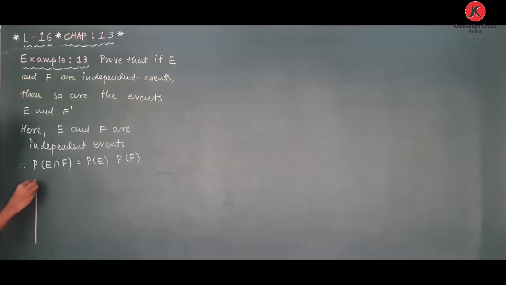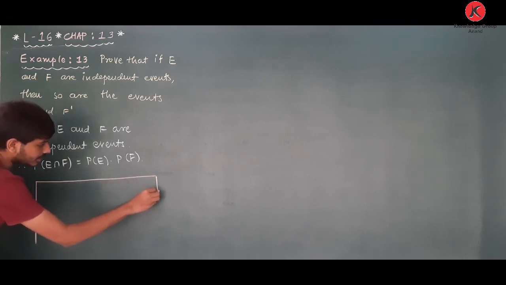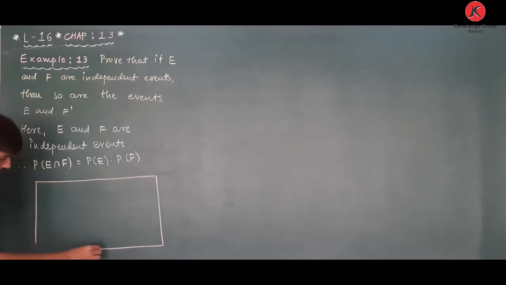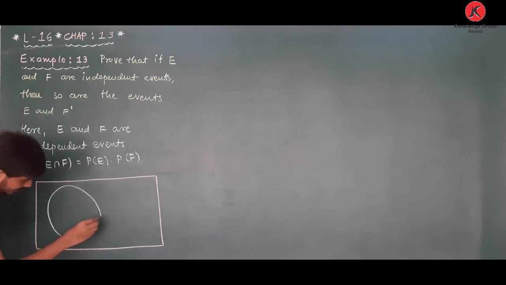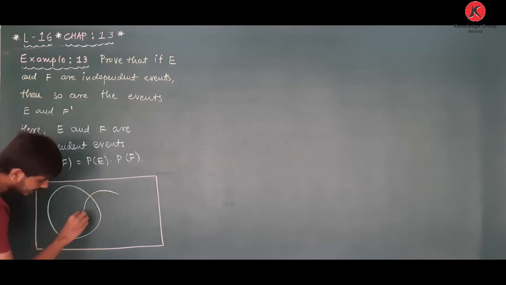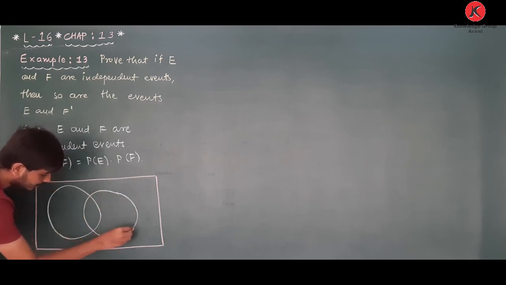This is our Venn diagram related to our elements of E and F. E and F be the events, and the related elements of both events we write in the form of sets, and I have made the Venn diagram of those sets.